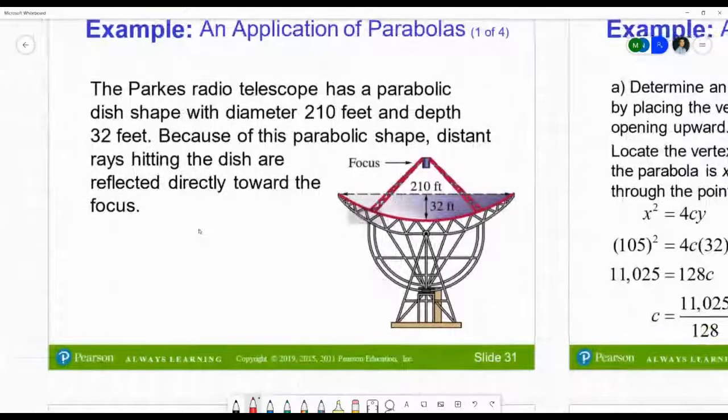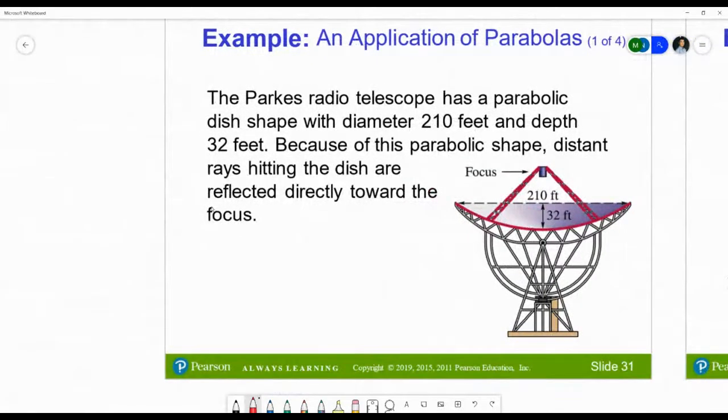All right. Let's look at some applications. So this is how all TV dishes are made. The location of the focus is basically where they put the signal, and then when the signal is sent out this way, it doesn't matter how you hit it, it's actually going to go upward like this.